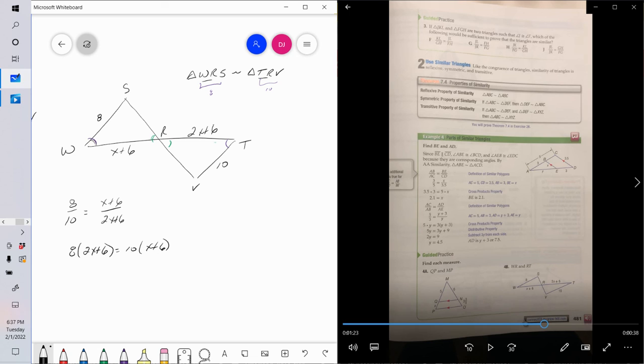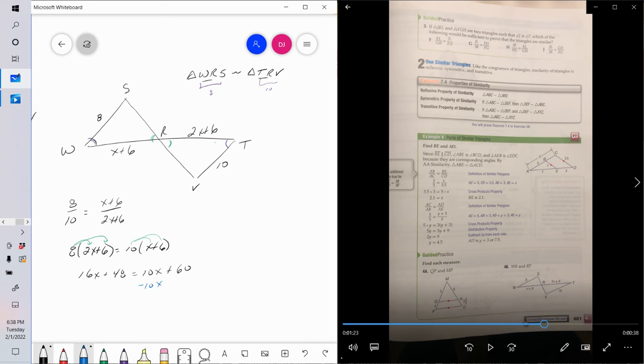And now I'm going to use my algebra, right? We all love our algebra, to solve this for x. I'm going to distribute the 8 to the 2x and the 6: 16x plus 48. 10 times x, 10 times 6, so that's 10x plus 60.